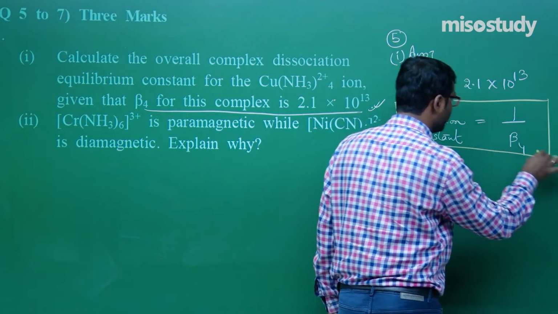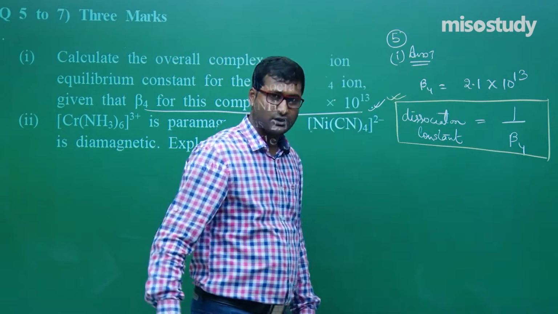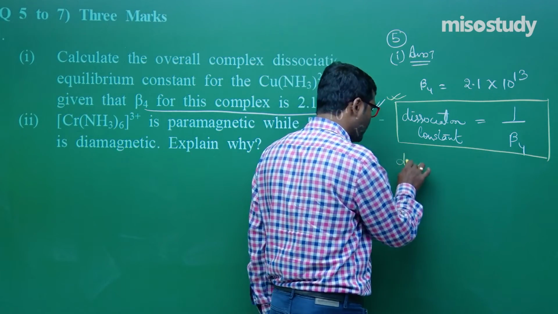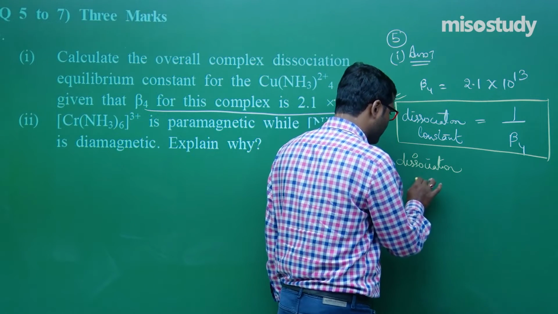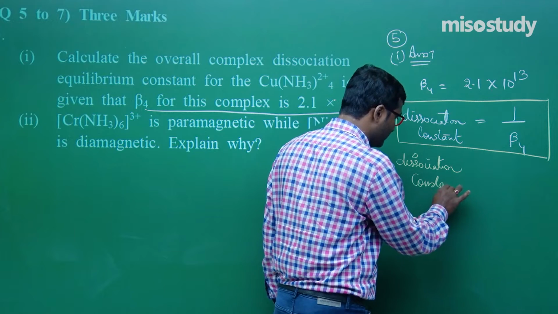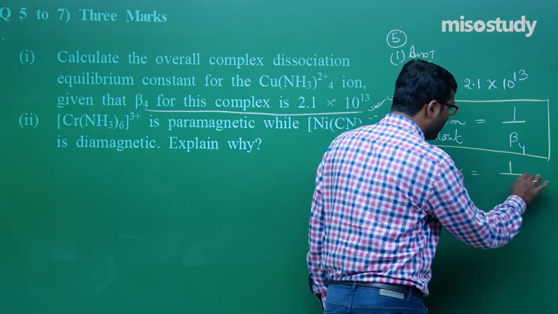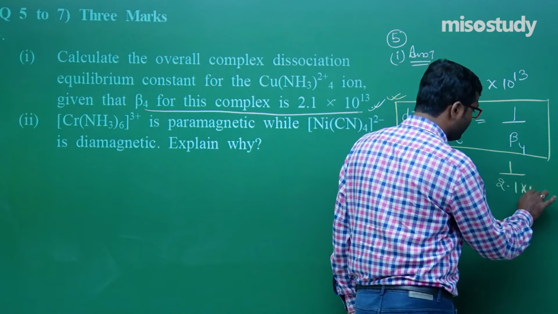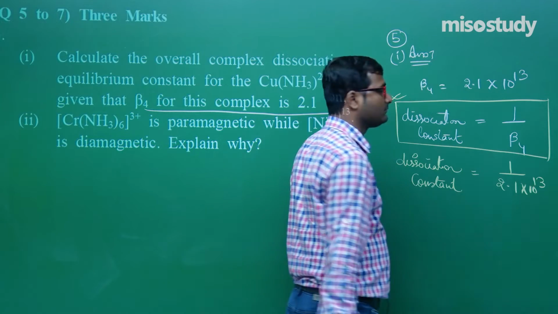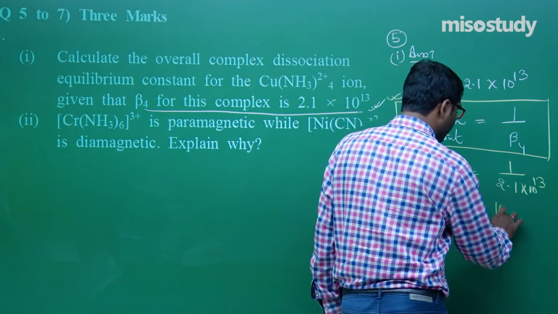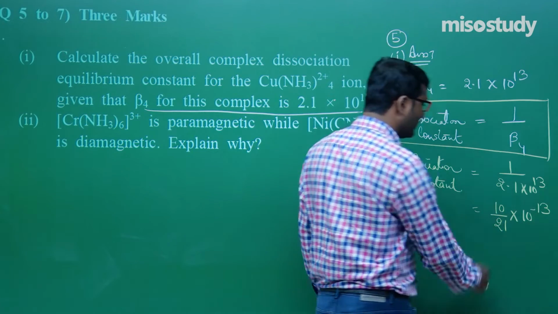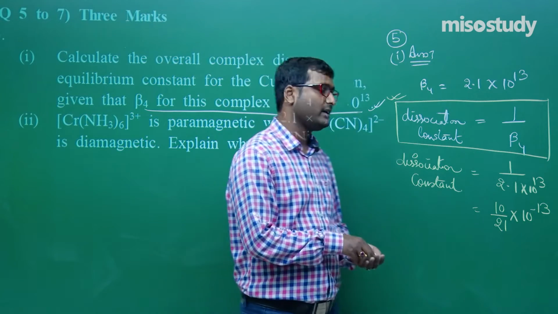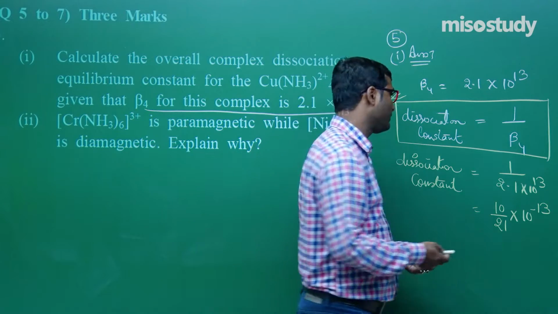So the dissociation constant in this case will be 1 upon 2.1 into 10 to the power 13, or you can write here 10 upon 21 into 10 to the power minus 13. After solving, you can get the value. Am I right? Yes, sir, you are absolutely right.